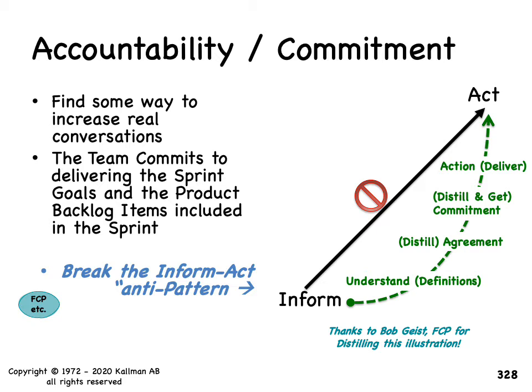Now, that's great. But there's a whole alternate path. If you want action, and if you want to find a way to increase real conversations and the value add of those real conversations, and if you really want the teams to commit to delivering what it is you want them to deliver, that's included in the sprint goals and product backlog items and everything that's included in the sprint, here's what's got to happen.